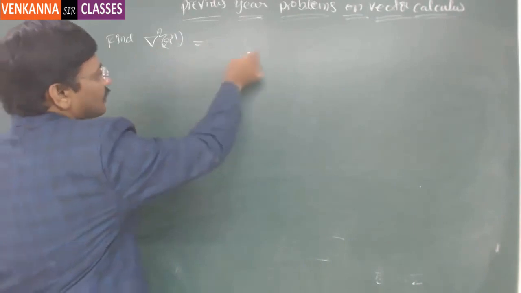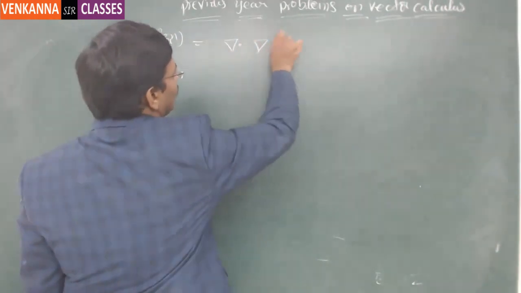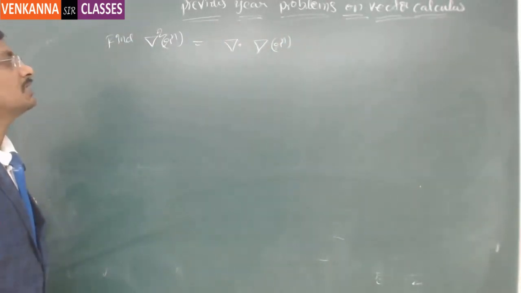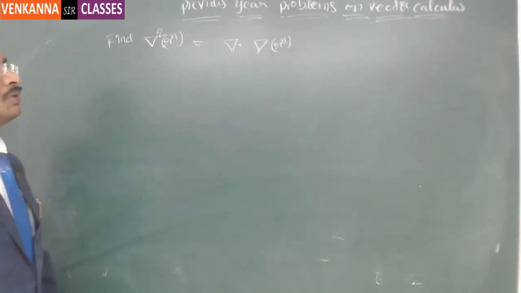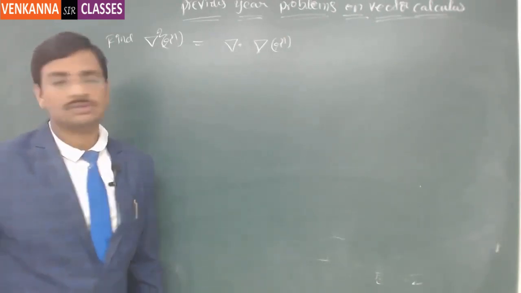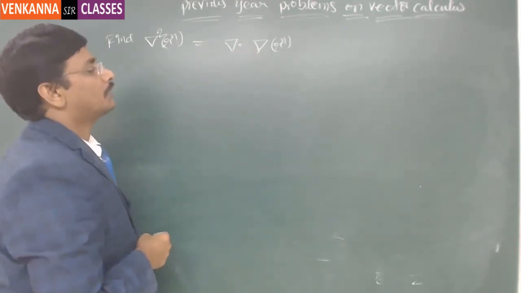See this, del square can be written as del dot del of r power n. So this is how you can write the del operator, which is nothing but the scalar operator del square, coming between two vectors as a dot product. So this dot product is in between del dot del, and then operated on r power n.